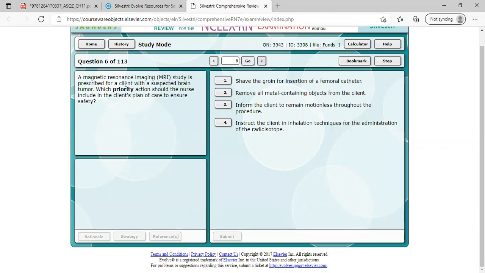Which priority action should the nurse include in the client plan of care to ensure safety? So which priority action?